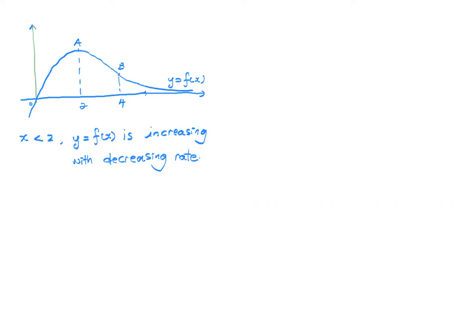That means the slope. In another word, it becomes less slanting. The angle becomes smaller. We refer to the x-axis. So decreasing rate because it becomes less steep.